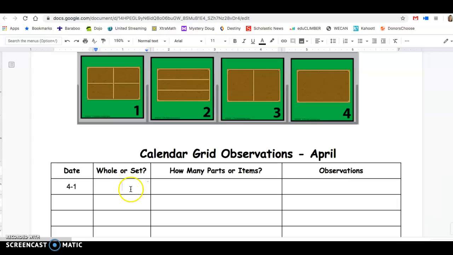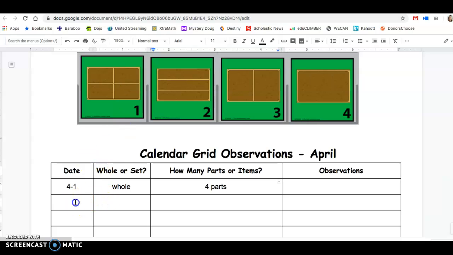So in the second column here, whole or set, we would type whole. Now on that first calendar marker, how many parts do you see? Well, let's count them together. 1, 2, 3, 4. I see 4 parts. Do you?